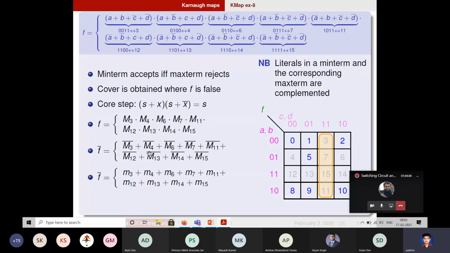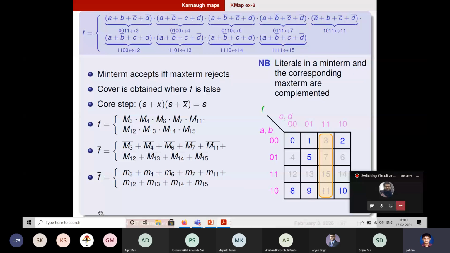So if I complement the max terms as I have defined, how have I defined the max terms? If it is 1, 1, I have taken it as C bar D bar. 1 is bar, 0 is unbar. So naturally, if I complement, I'll get back the corresponding uncomplemented min term, but this is still a bar.